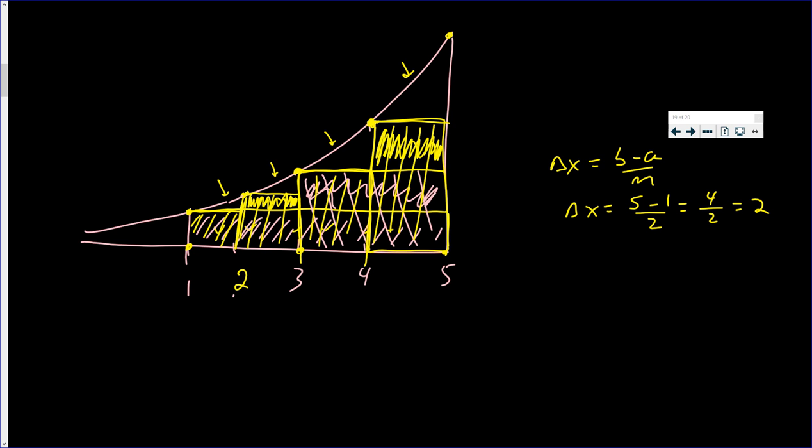If I partition it in half again, so now it's 1.5, 2.5, 3.5, and 4.5.